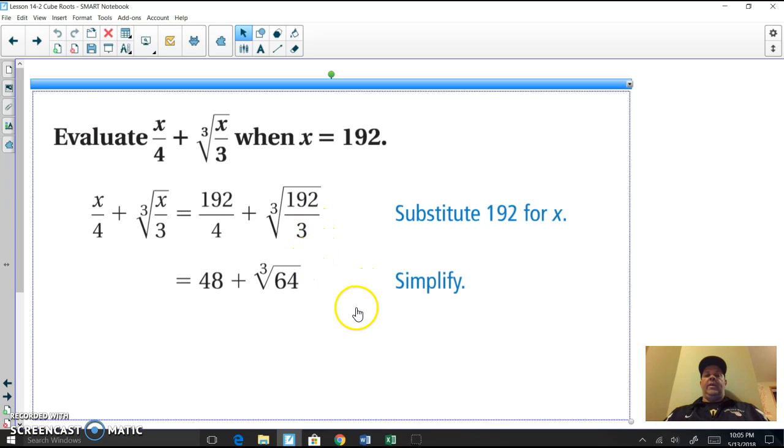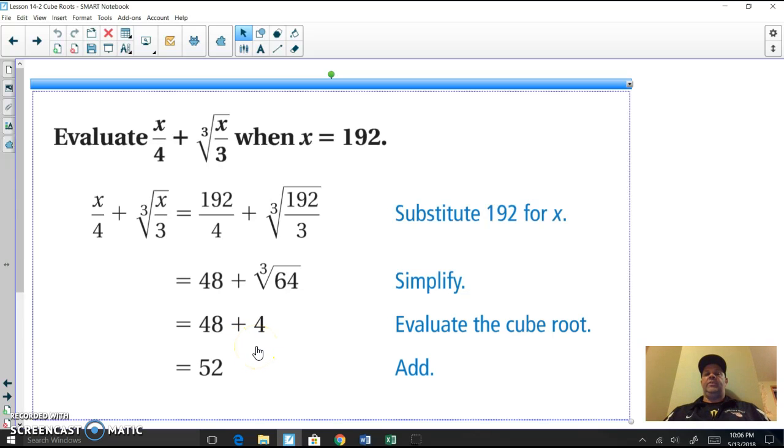After we get that, we can then simplify. 192 divided by 4 is 48. 192 divided by 3 is 64, just like we did with the square roots, because this is not a perfect cube, nor is 3 a perfect cube. So we can divide those and get 64. When I take the cubed root of 64, I get 4, so 48 plus 4 gives us our answer of 52.